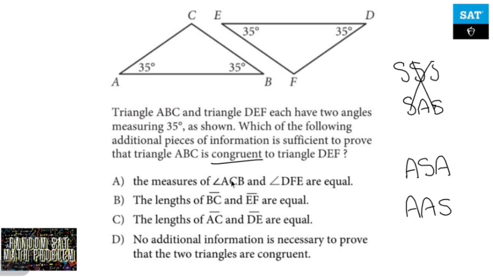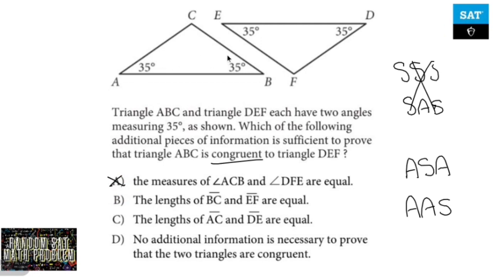So if I were to say, oh, no, that third angle is good enough, that's not true. There is no such proof as AAA. Now, if you have 2 angles here, this is going to be 110. This is also going to be 110. Those triangles are going to be similar, but I can't prove that they're congruent. So the third angle will never be a proof that shows 2 triangles are congruent.